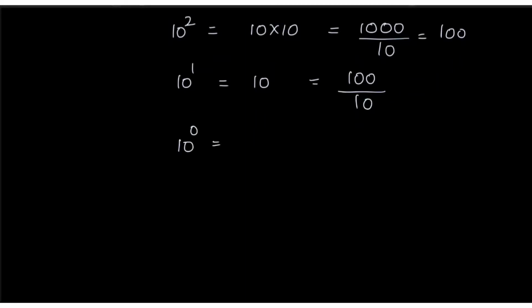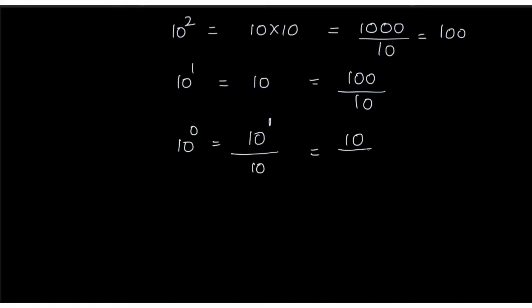Next is 10 raised to 0. This explanation is just for showing how we get 10 raised to 0 as 1. In order to prove this, I explained all these steps. That is, 10 raised to 0 is nothing but 10 raised to 1 divided by 10 itself.